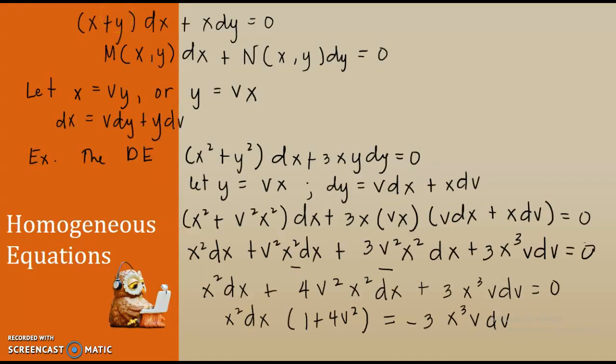Okay, therefore we have x squared dx over negative x cubed equal to 3v dv over 1 plus 4v squared.